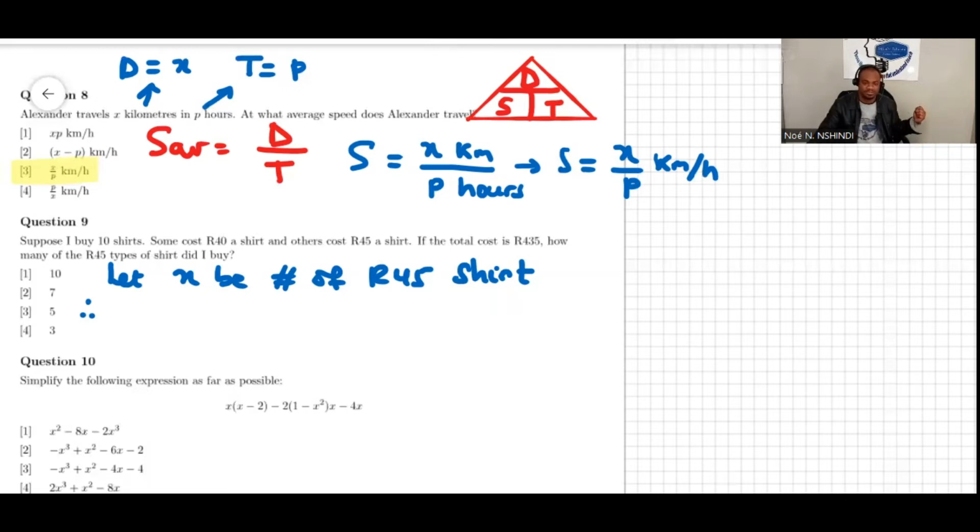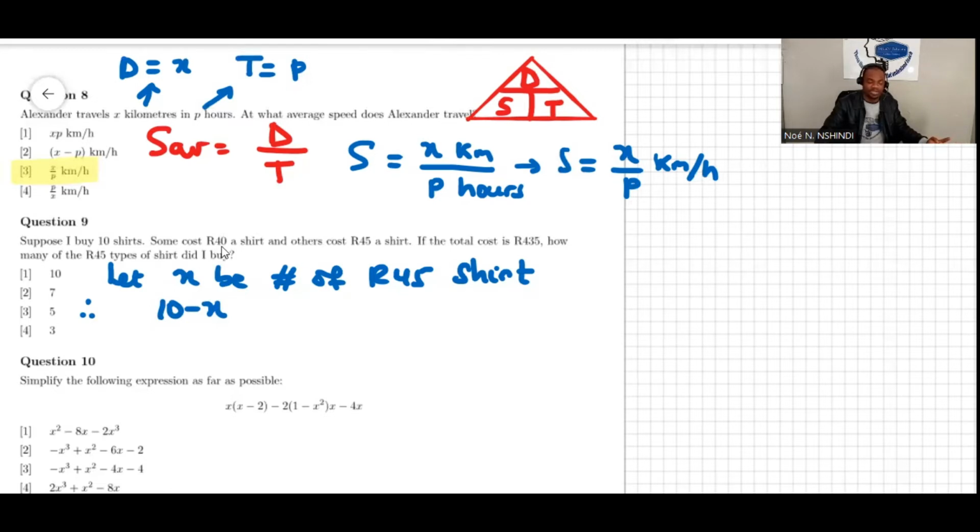shirts? We know the total number of shirts is 10, but X of them are 45 rand. So the number of 40 rand shirts will be 10 minus X, because X are the 45 rand shirts. Assuming there were 4 shirts that cost 45 rand, therefore there must be 6 shirts that cost 40 rand.